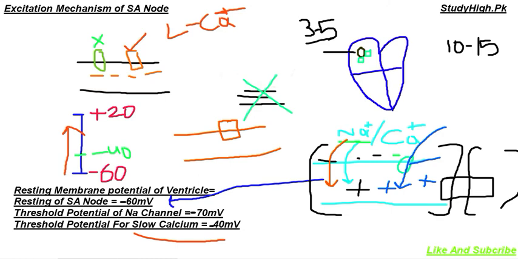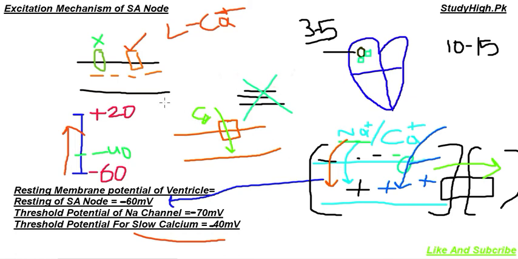As a result, calcium present in the extracellular matrix will start moving to the inside of the nodal cell. So the inside becomes positive, the outside negative, and an action potential has been generated. This action potential will be transferred to its neighbor atrial muscle cell, and because all atrial muscles are in syncytium, the action potential will be transferred to the atrial muscle. So this is the mechanism.